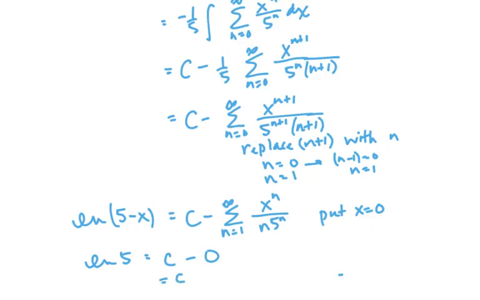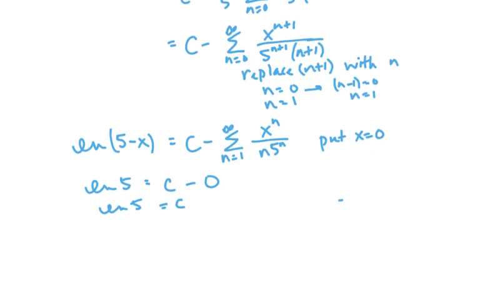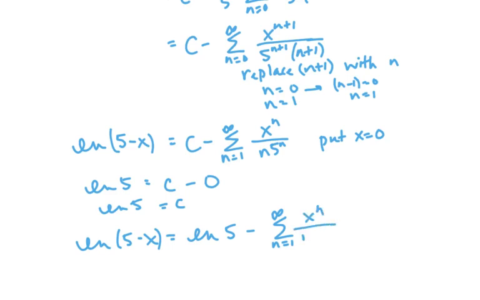So we find that c is the natural log of 5. So then we have the natural log of 5 minus x equals the natural log of 5 minus the series from n equals 1 to infinity of x to the n over n times 5 to the n.